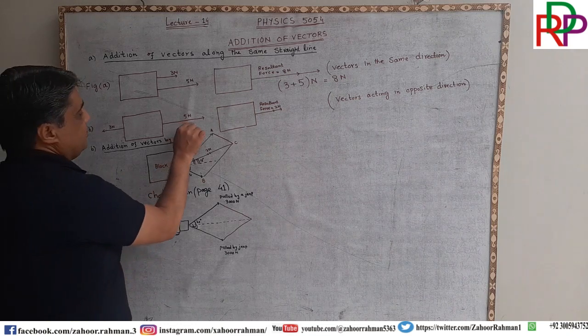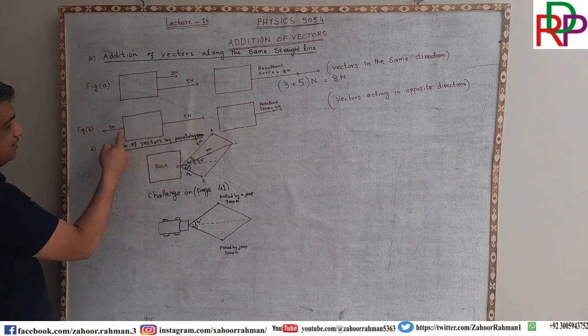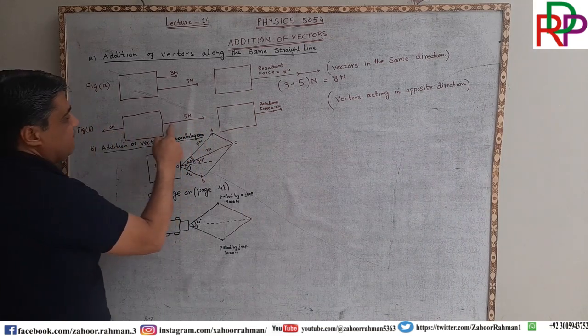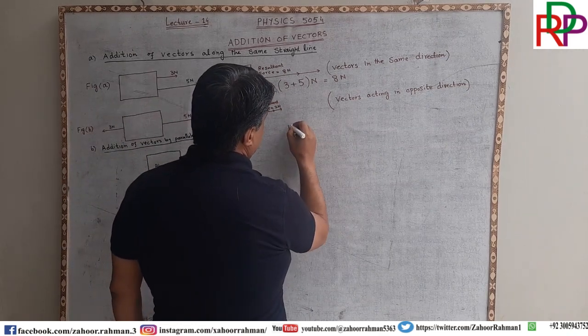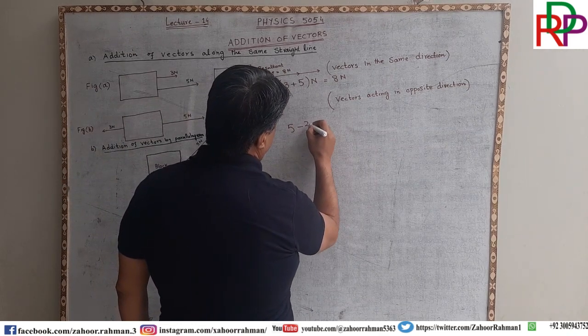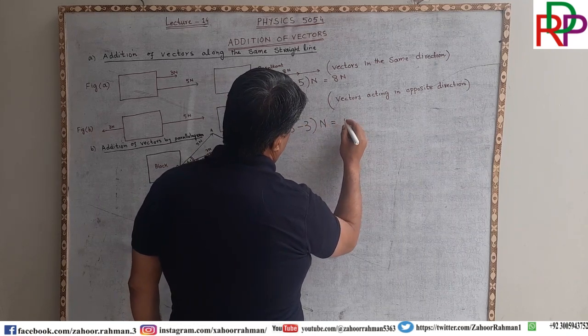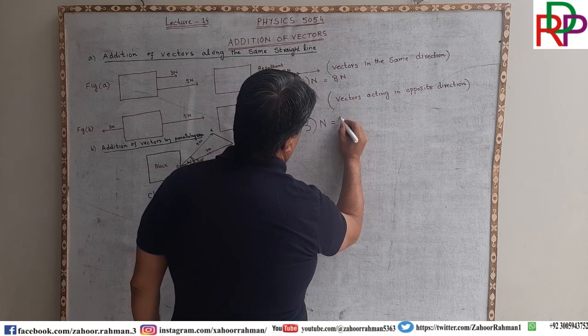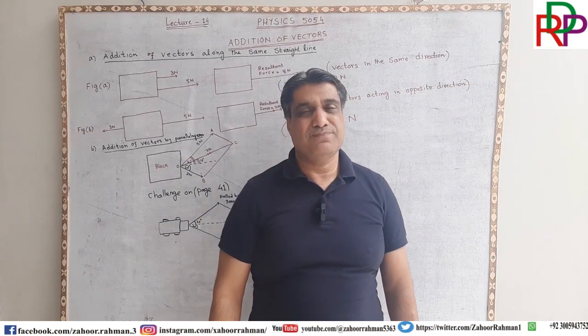So 5 Newton is on that side, but we have to subtract this 3 Newton from this 5 Newton. So in this case, it will be 5 minus 3 Newton, and when we subtract 3 from 5, it will be 2 Newton.